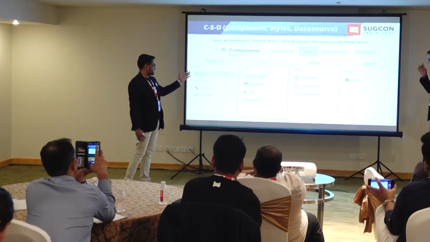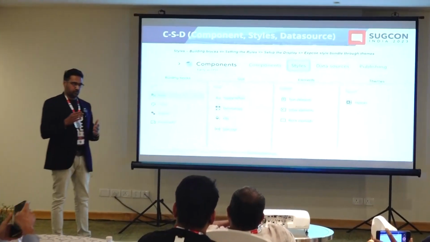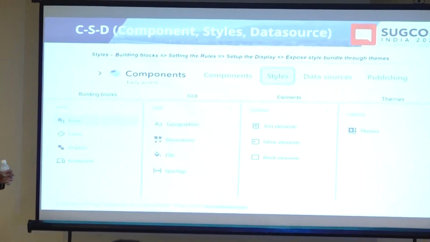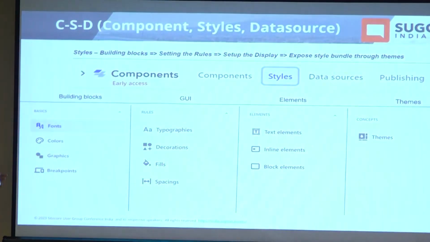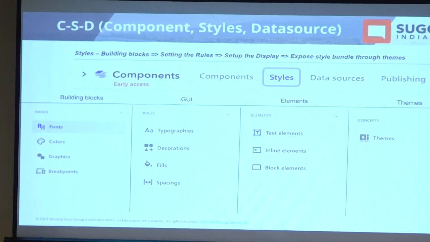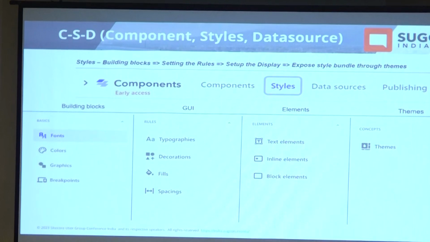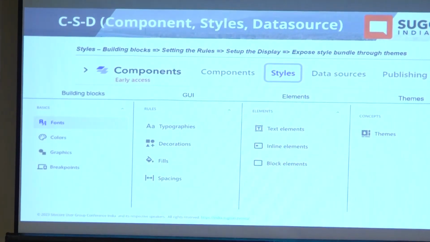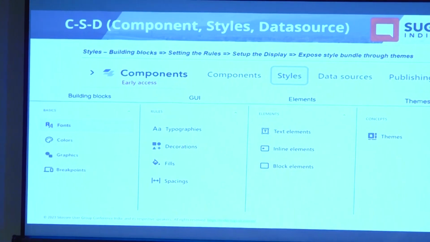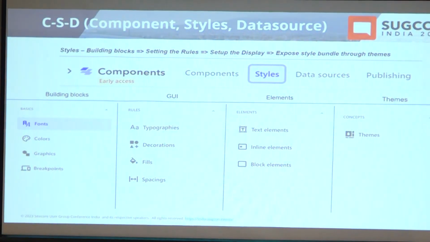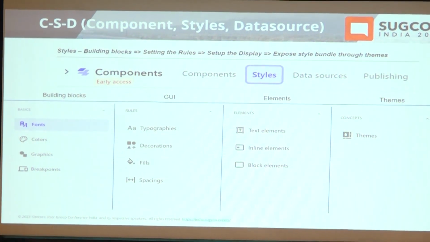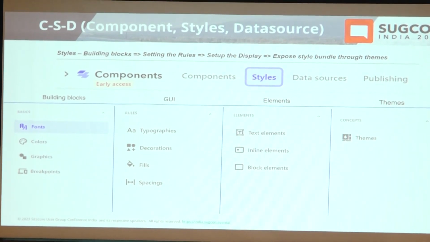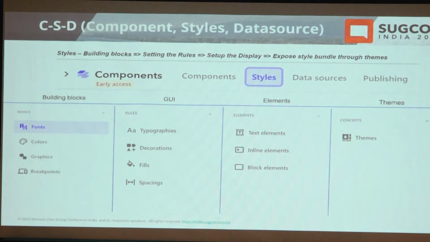The second one is the GUI, that is the style rules. They extend the design primitives, and we can apply those rules on the elements in our component. The first one is the typography, where we define what kind of font type would have what kind of font size. Along with that, we can also define whether it should be in caps or lowercase by default.